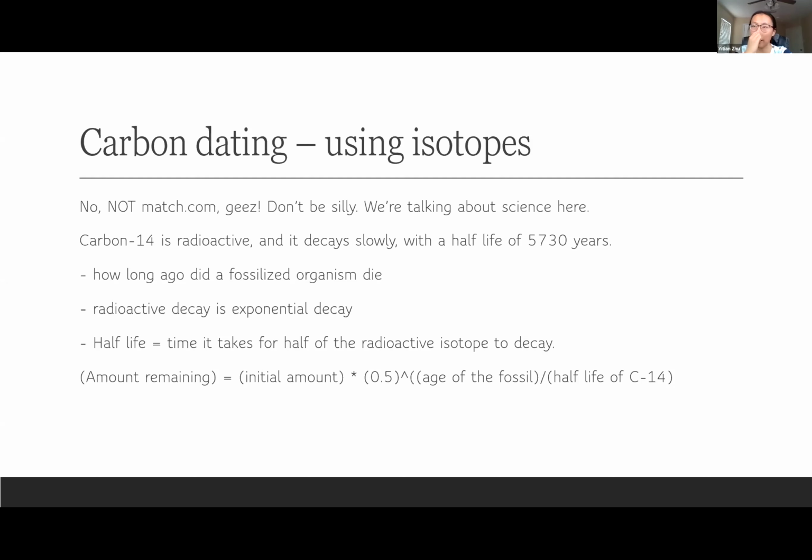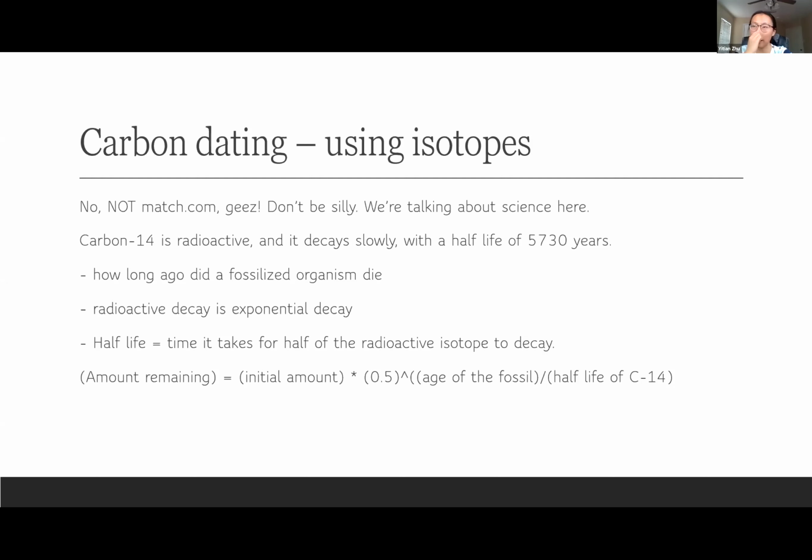And how is carbon 14 formed in the atmosphere? Well, it's because cosmic rays from outer space cause nitrogen to turn into carbon, a nuclear reaction. So carbon 14 is constantly produced in the atmosphere.